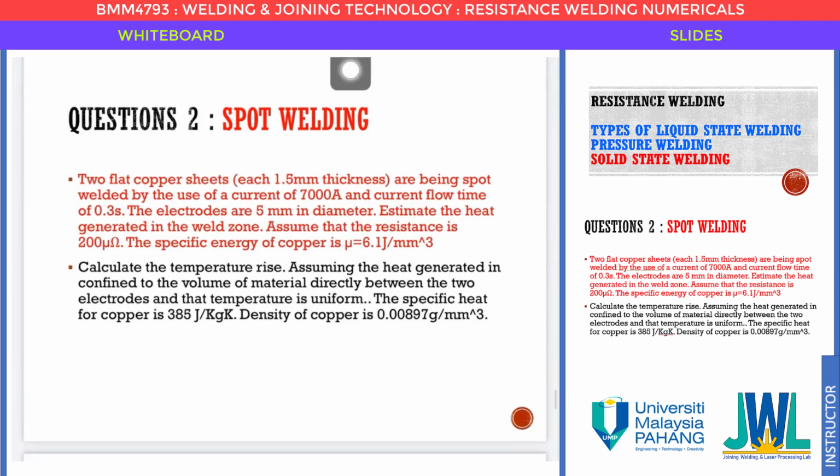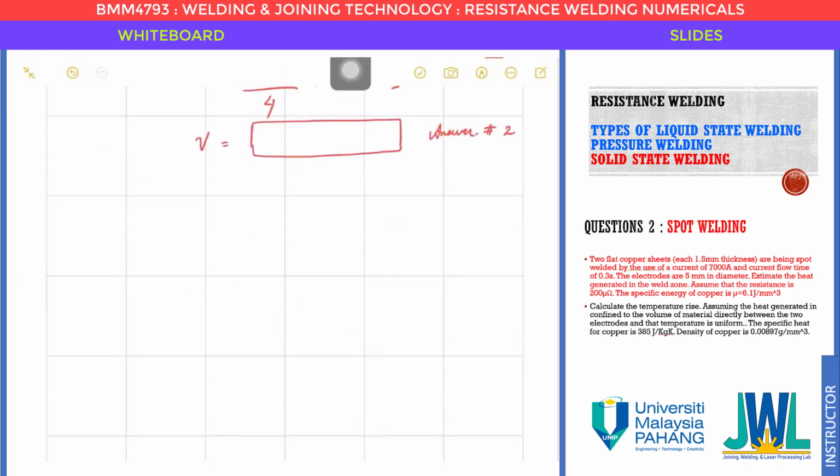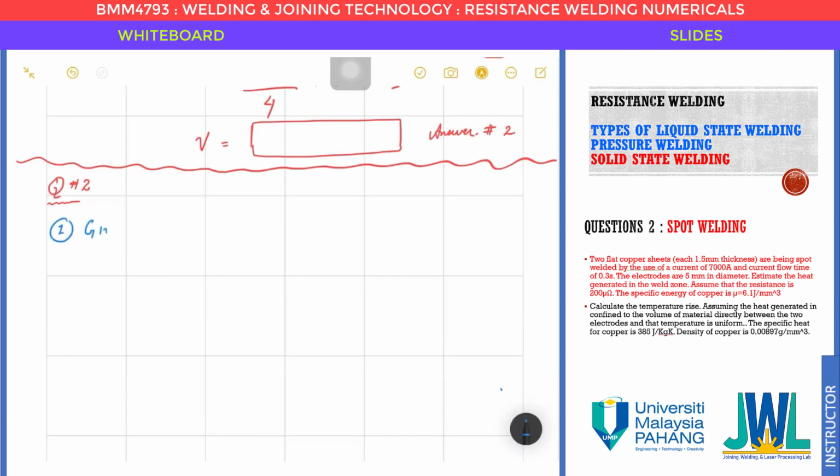So let us go back to our answer sheet. Question number two. So number one is given data. So what was the given data? Current is equal to 7000 amperes.